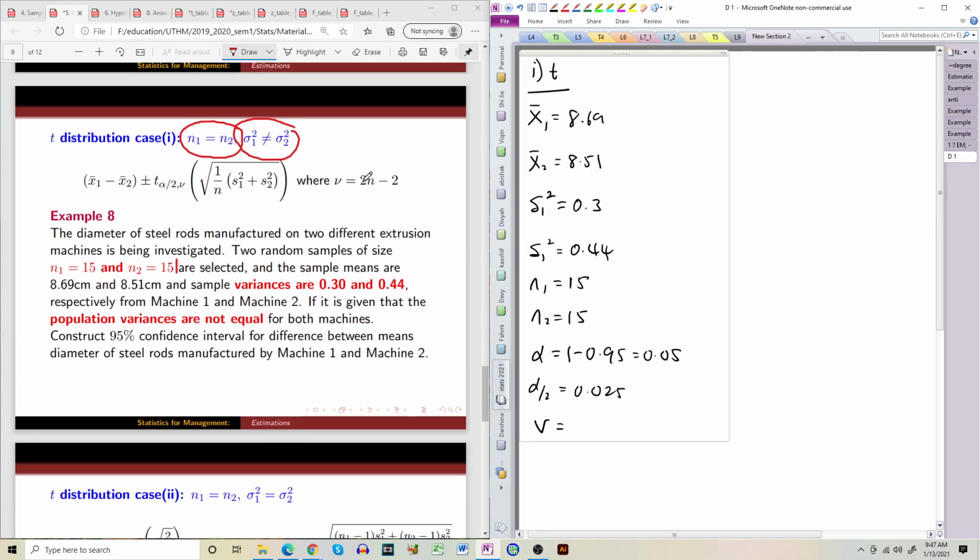The formula is given here, 2n minus 2, so n is 15 for both cases.